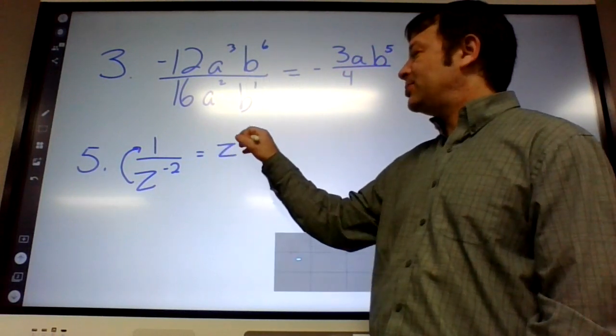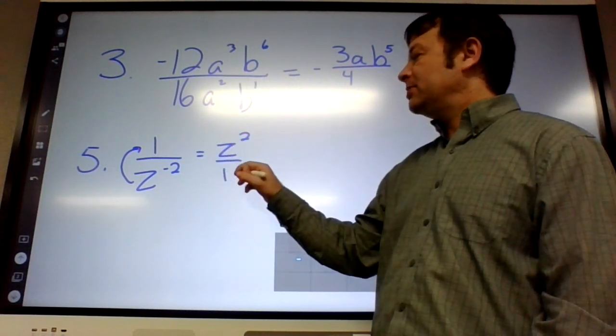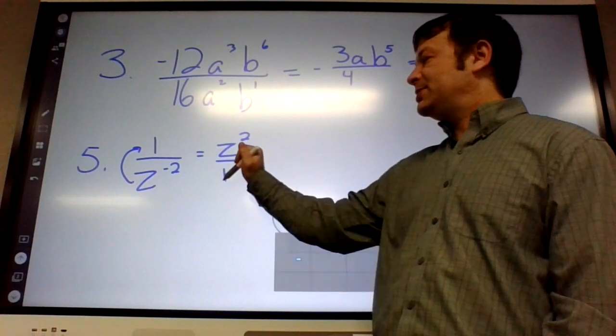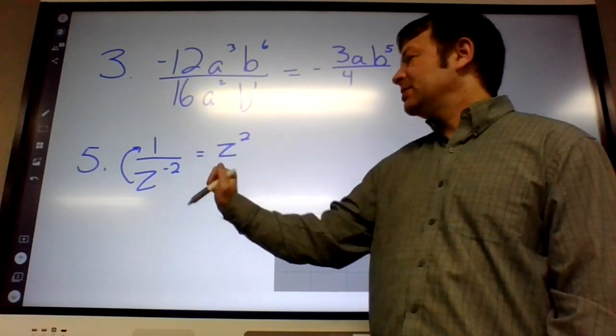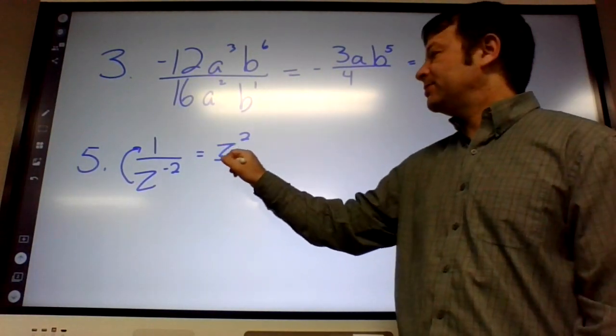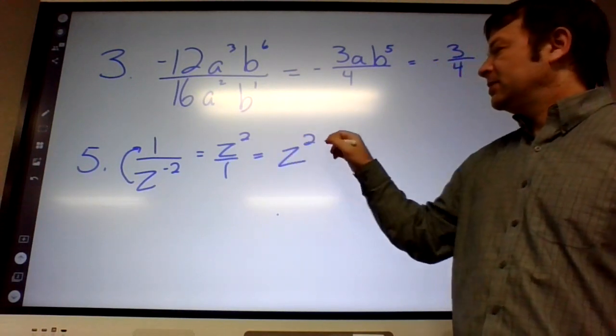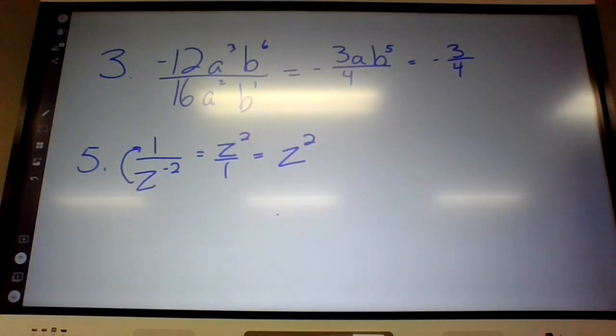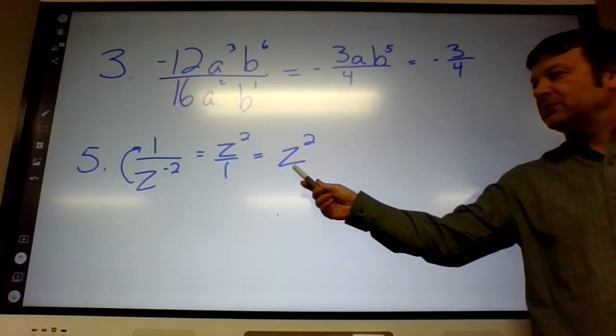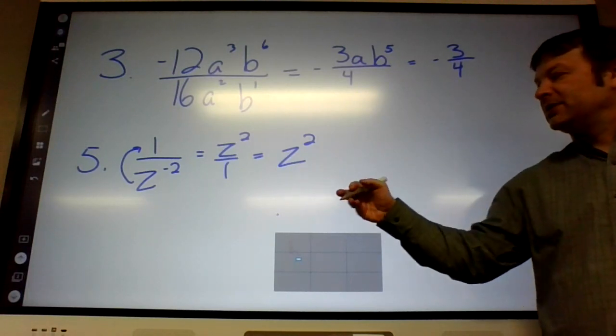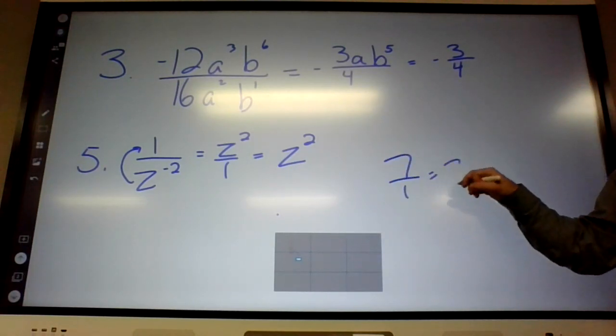So it's like z squared over 1, but z squared over 1 is just z squared. Here, I'll show it open. Okay, so if it's in the numerator and the denominator is just 1, you don't really need a denominator, right? Because like 7 over 1 is just 7, right?